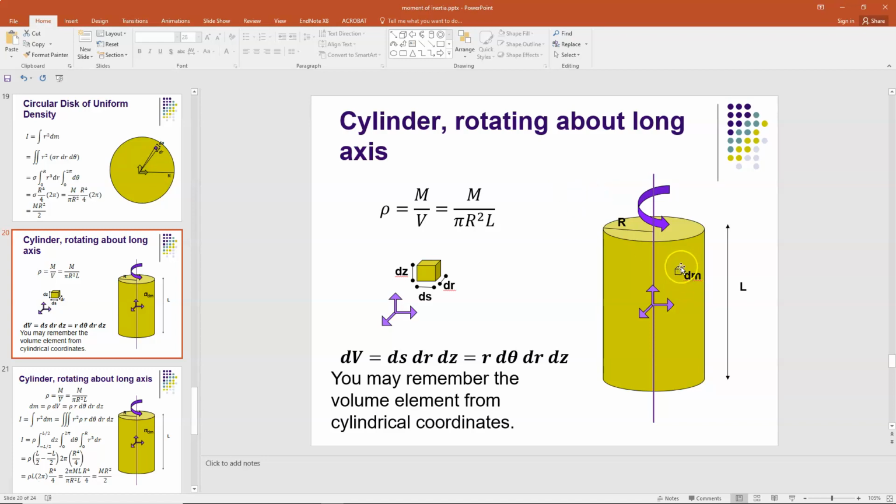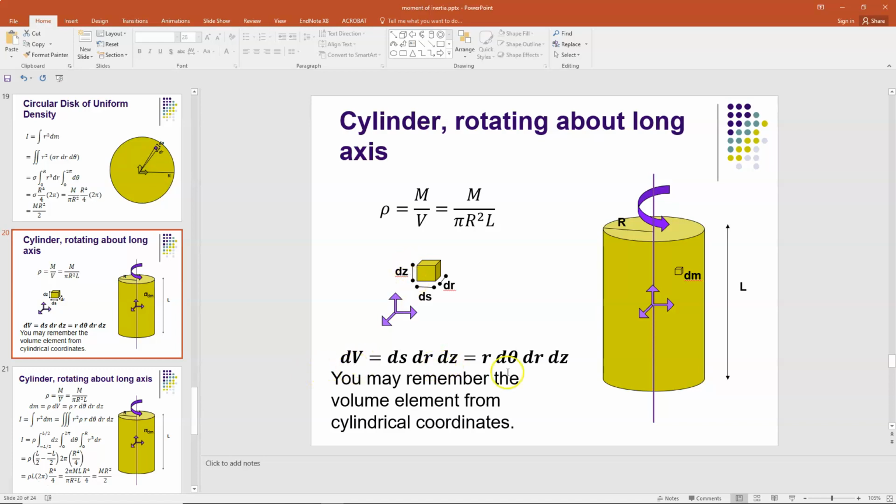Now, our little mass chunk here, dm, is now 3D, okay? So if I zoom in and look at what dm would be in cylindrical coordinates, right, then I've got some arc length subtended ds, and some radius subtended dr, and that's just like before on our 2D object. But now in addition to that, I have a height to my chunk, and my chunk would be dz.